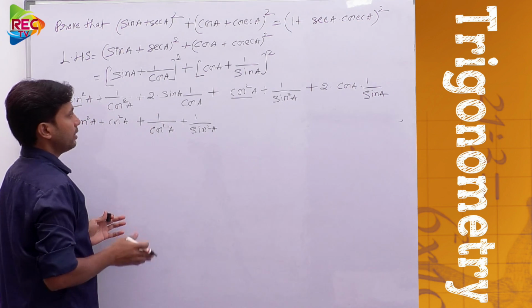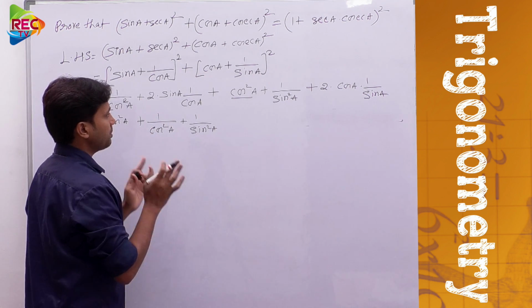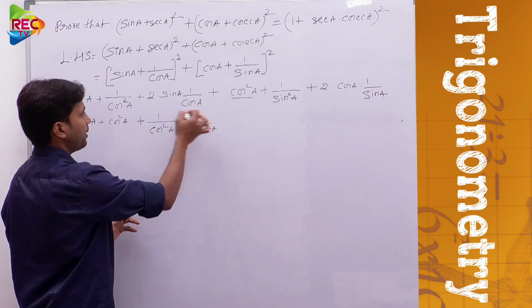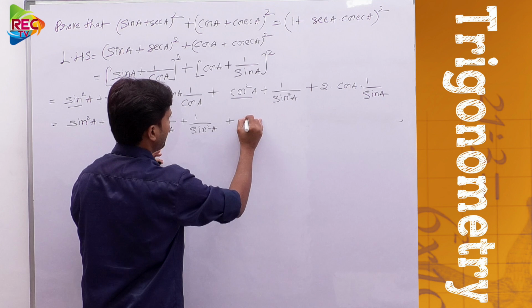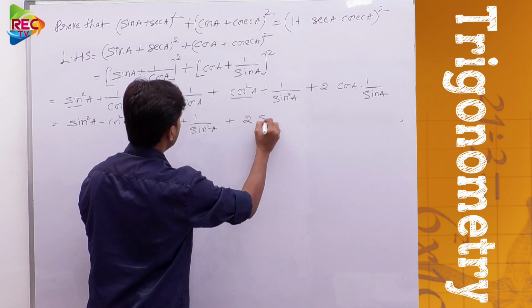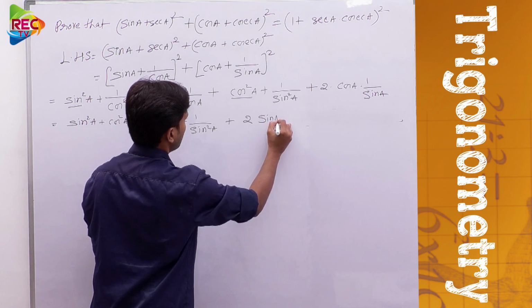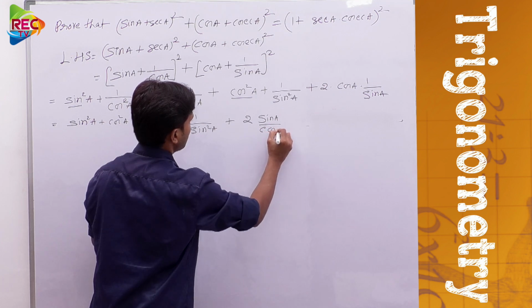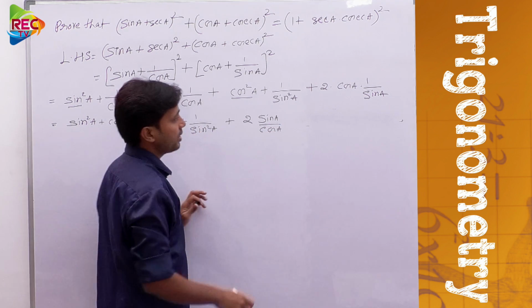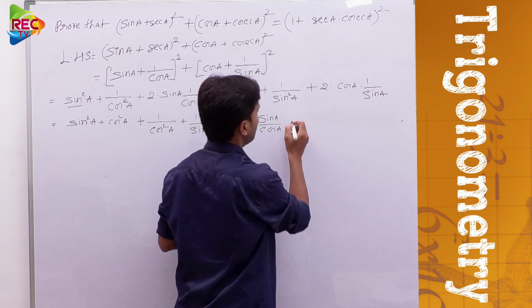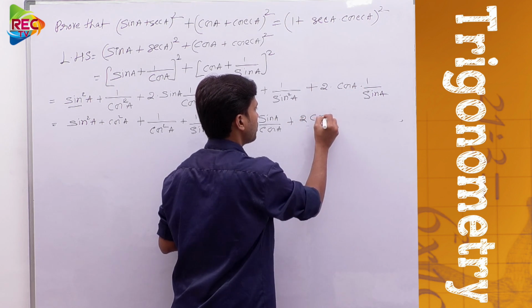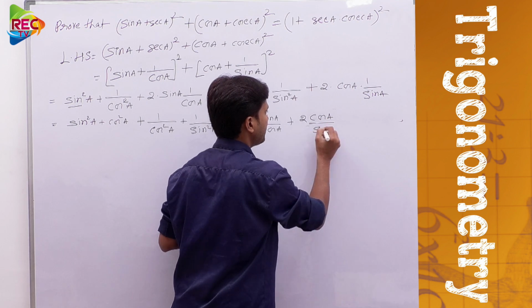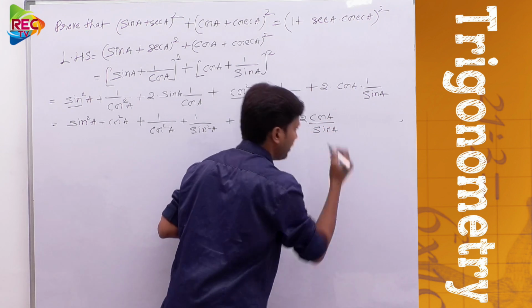Now what is left over? Just two terms, and we group those two also. This is 2 sin A into 1 by cos A. Can we write it like this, sin A by cos A? 2 sin A by cos A, and then the last term, 2 cos A by sin A.